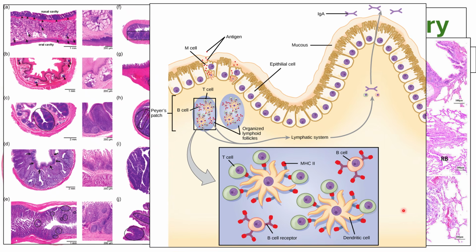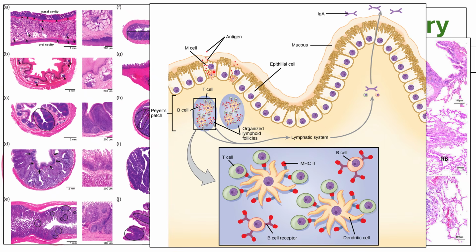Okay, and since these diffuse unencapsulated lymphoid organs do not have afferent vessels, such as in your lymph nodes, the ability of the lymphocytes in these lymphoid nodules to receive antigens rests on the presence of your M cells.